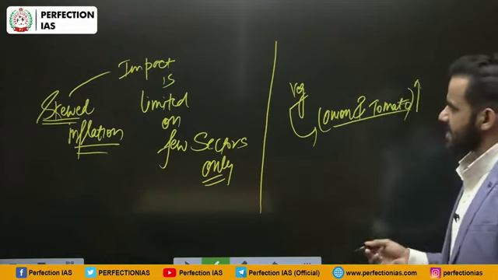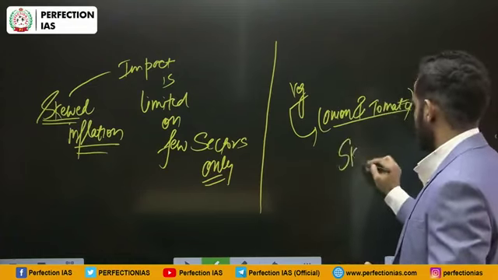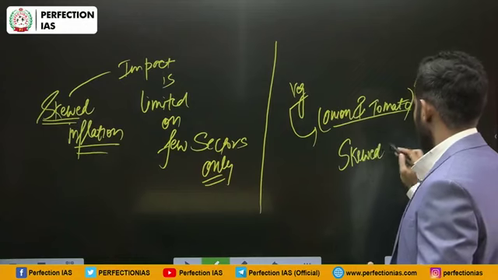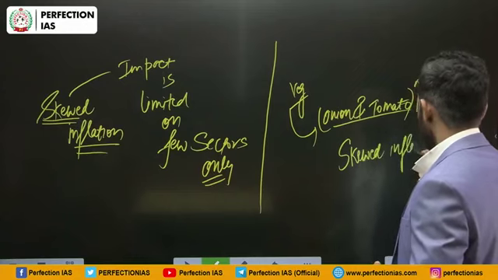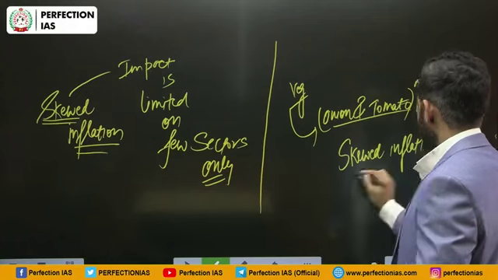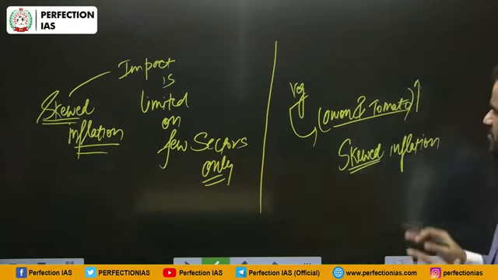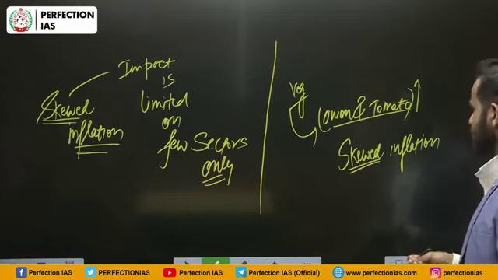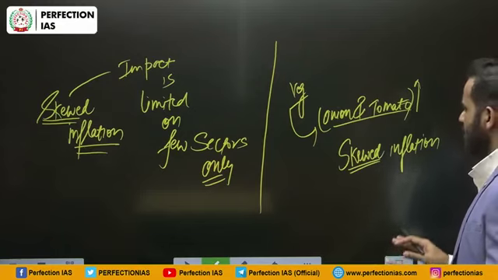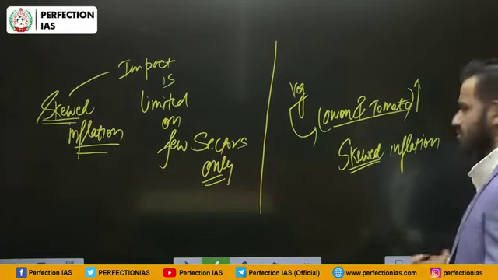This will be an example of skewed inflation. That means inflation is there only in specific or very limited areas. The rest of the sectors are performing well without much inflation.